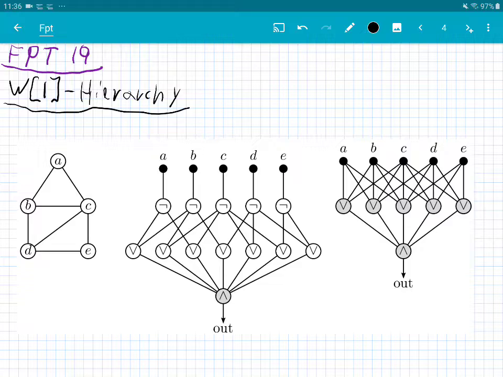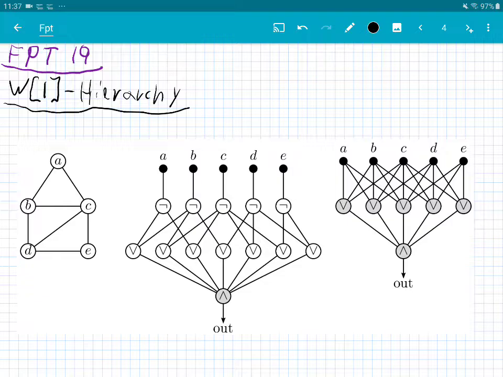Every clause has three literals, and then we take the AND of all those clauses, and that's it. That's the formula, right? It's an extremely simple formula, but you can write more and more complicated formulas, and in some sense more and more complicated circuits, and you would like to capture the complexity of the circuit, right?